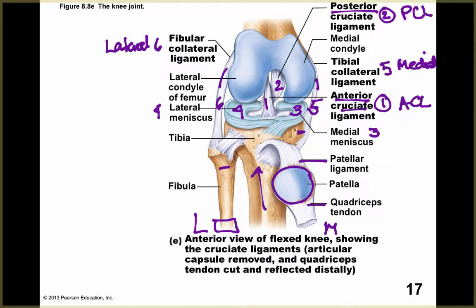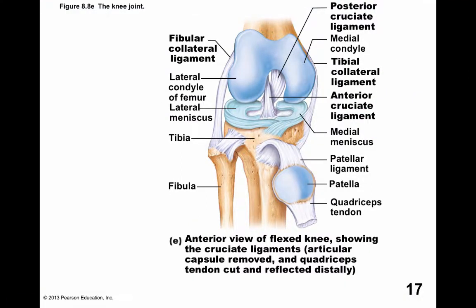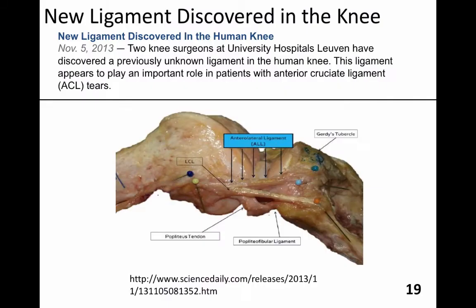Now, there is a newer ligament that was discovered a few years ago, and this shows you all the pictures, called the ALL, or the anterolateral ligament. It was discovered in 2013. It was a completely unknown ligament in the knee.